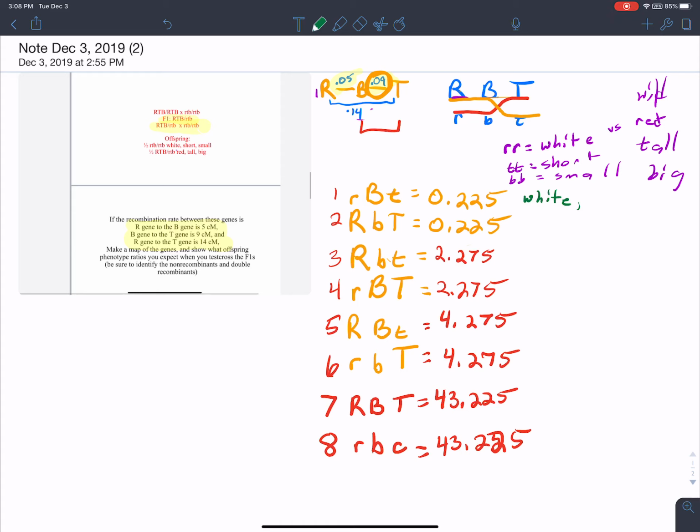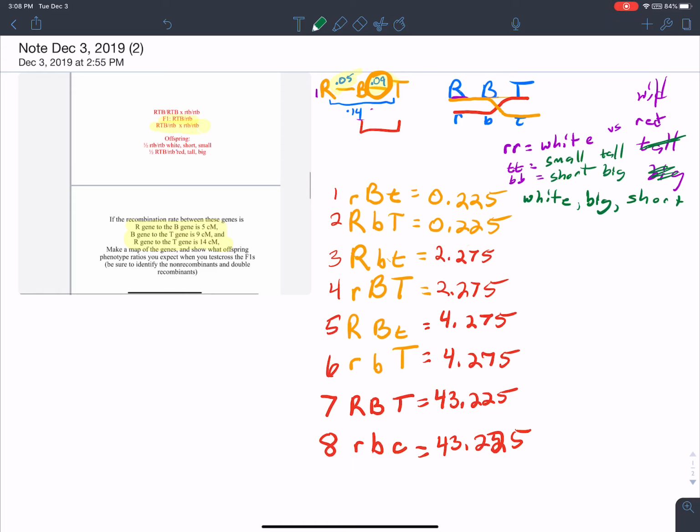So it's going to be white, big, and short. Because this is small, short, and then this is tall, big. Oh yeah, that's in the right order now. Okay, so that's white, big, short.